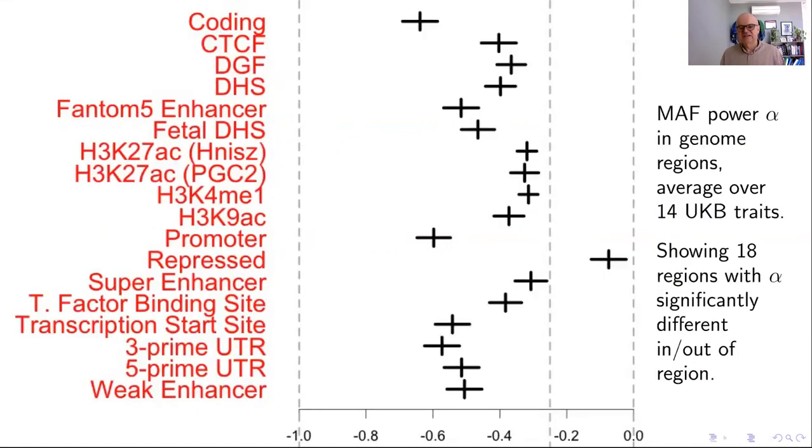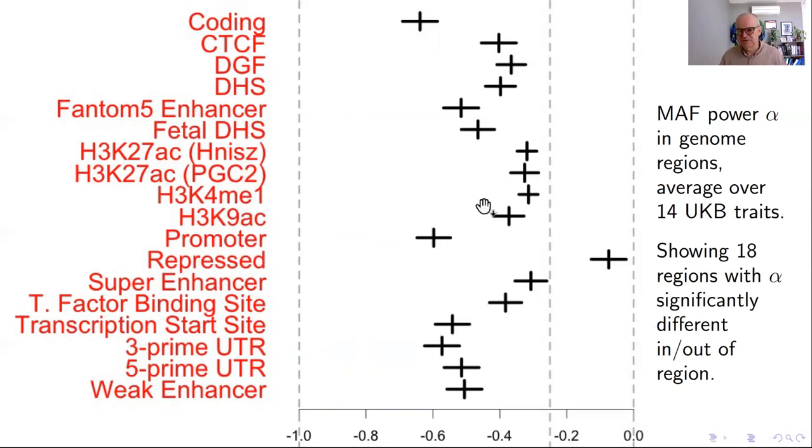But that's for the whole trait, a genome-wide average. What about particular bits of the genome? And this is an estimate of the value of alpha within certain regions of functional importance indicated on the side. We looked at more, and I'm only looking at the significant ones that are significantly different inside from outside the region here. And you'll see most of these regions, because they are functionally important, they show stronger effects of negative selection.